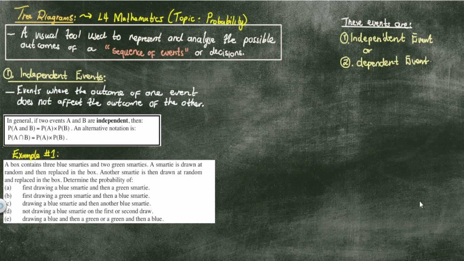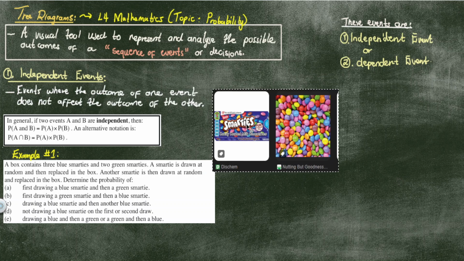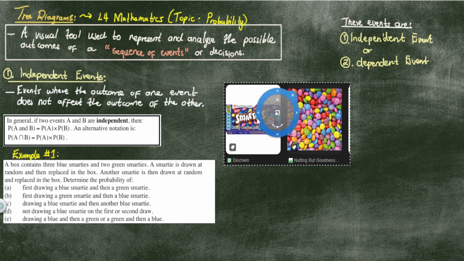Okay. Now smarties, guys. You open them and inside you find sweets in different colors. There's yellow, blue, purple, brown, yellow and stuff. Ne?